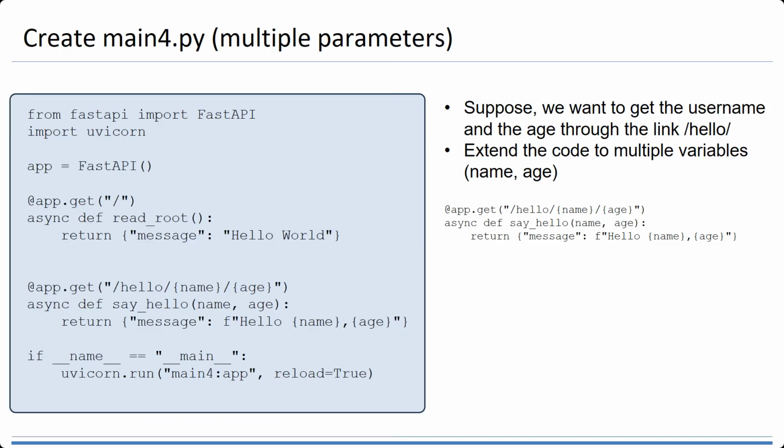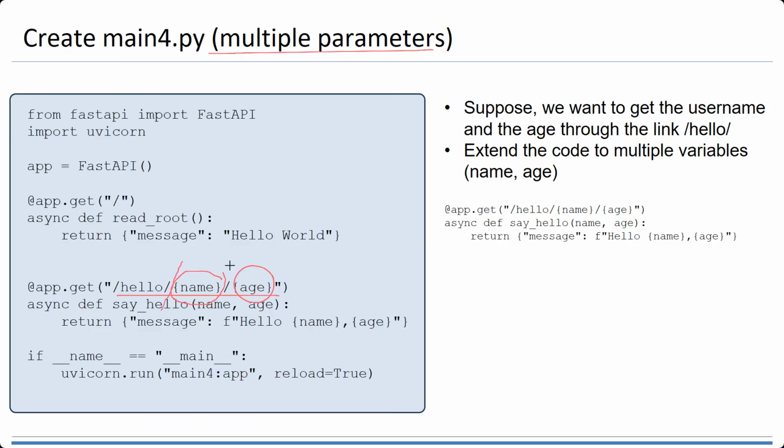Now, I want to have multiple parameters. What does it mean? It means I have not only one parameter, but I have several parameters. For example, in this case, I have name and I have age.